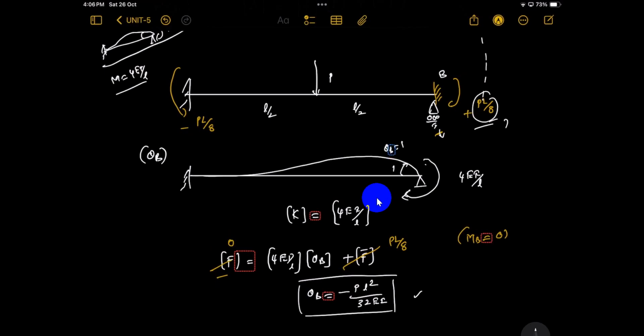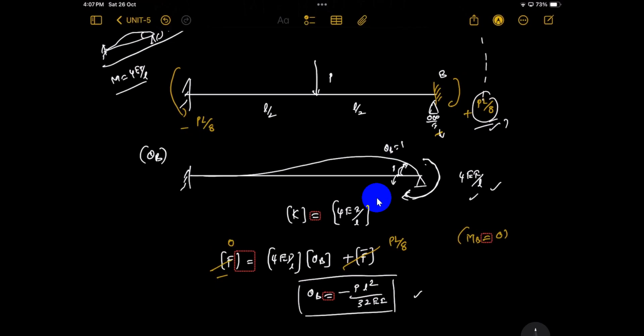But if in the same direction you allow one unit rotation, this much amount of force is generated. How much rotation is allowed so that the moment is exactly equal to PL by 8?